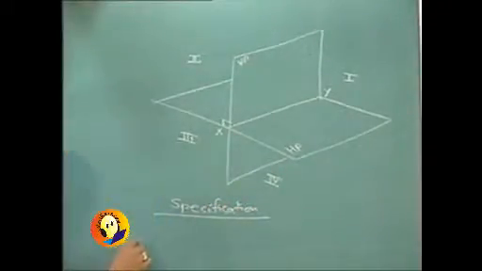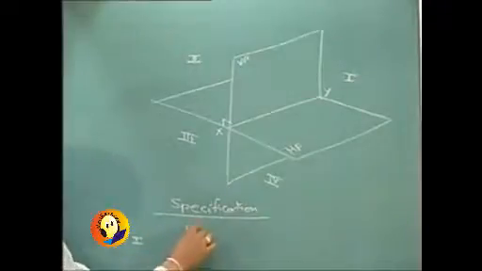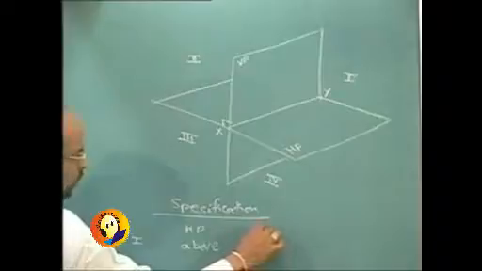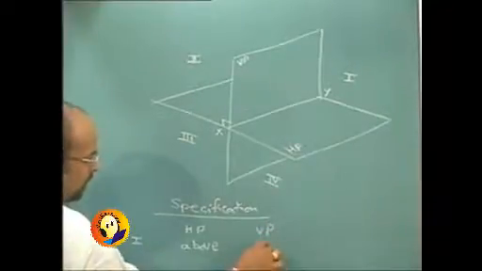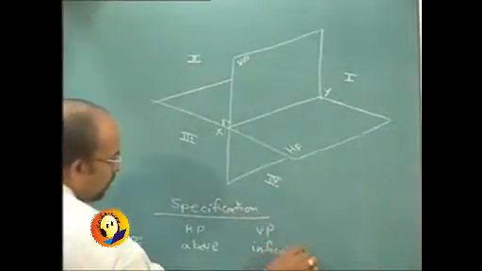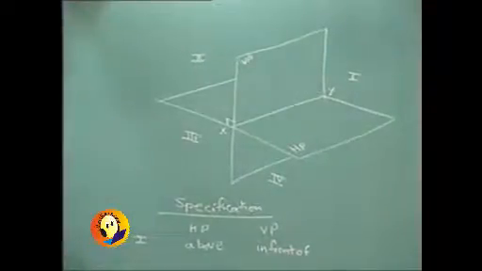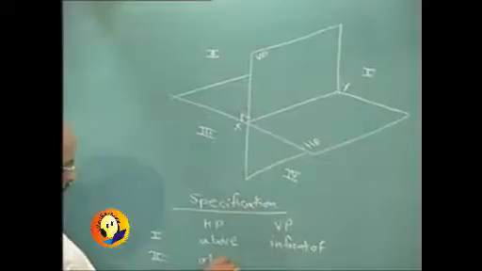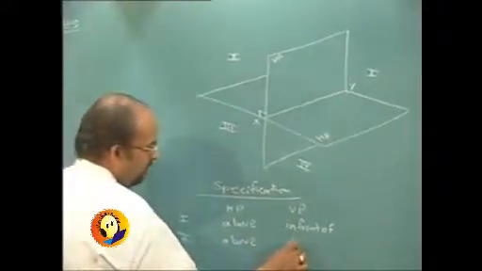Quadrant 1 is defined with respect to the horizontal plane as above HP, and with respect to the vertical plane it is in front of VP. Quadrant number 2 is above HP and behind VP.